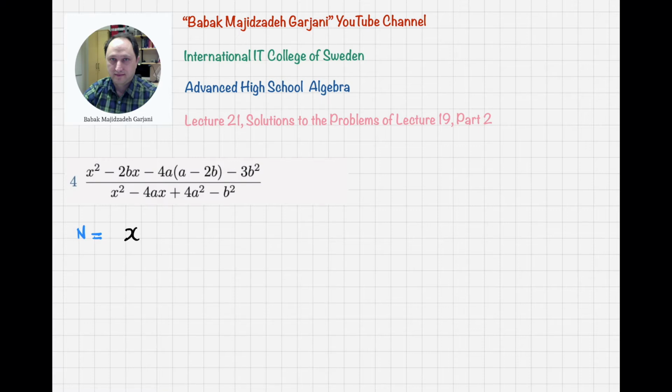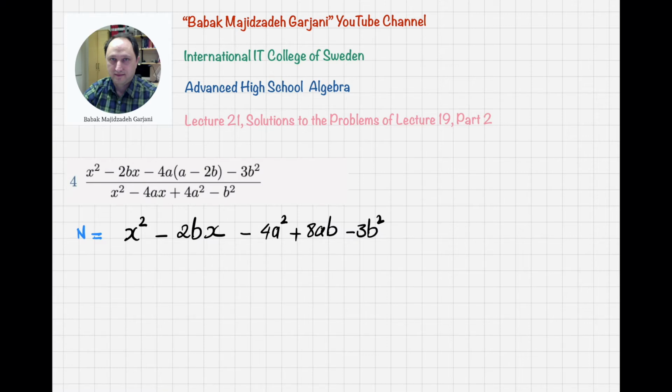So x squared minus 2b as the factor of x, and then the rest of it I can just open up, yes? It becomes minus 4a squared, and then I multiply minus 4a by minus 2b, it becomes positive 8ab, and then finally I have minus 3b squared.